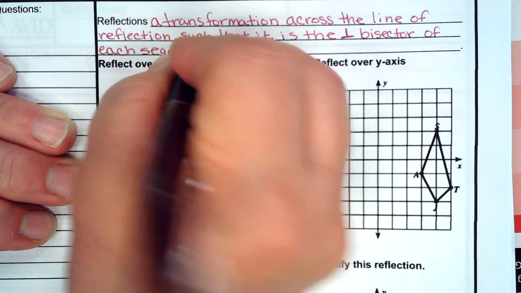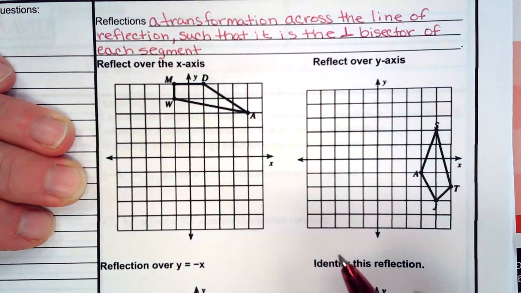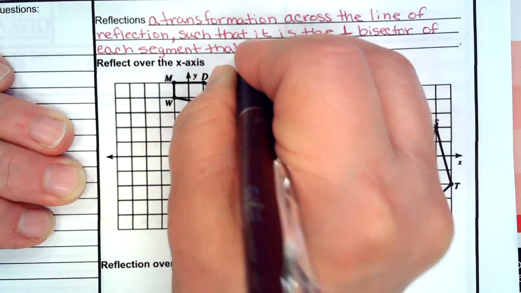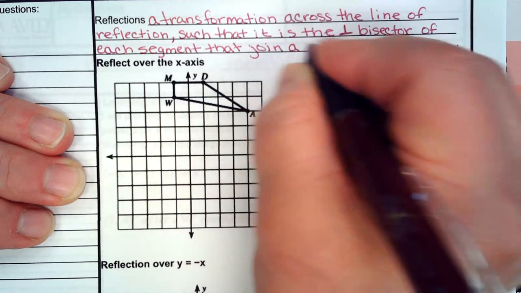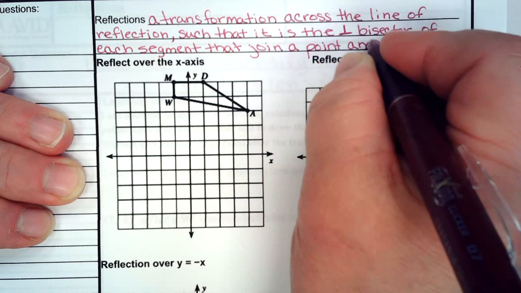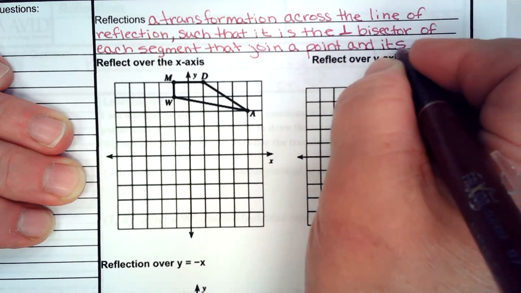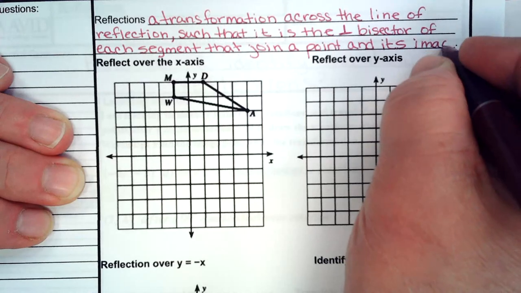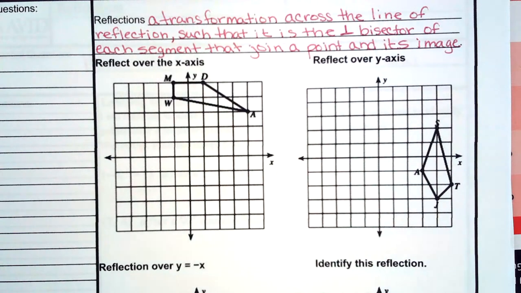And these segments join a point with its preimage and its image. So we're starting with the original point. The line of reflection will be exactly in the middle. So if you were to draw a line from each point and its image, it would be the perpendicular bisector.